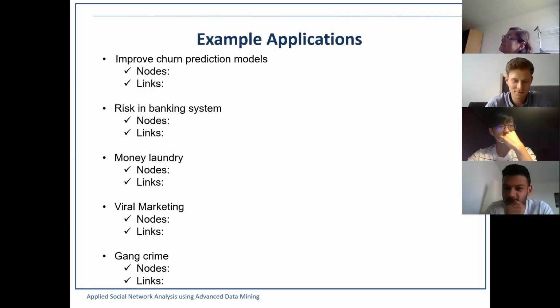The problem is you have to get the data, and it's not enough to get data for 2 or 3 or 4 nodes. It should be a reasonable number to make sense, because a community within a social network does not make sense if the entire network consists of just 3 or 4 nodes.